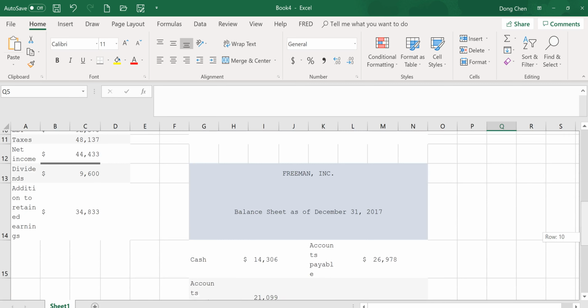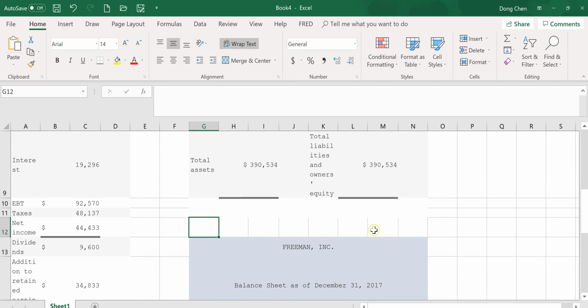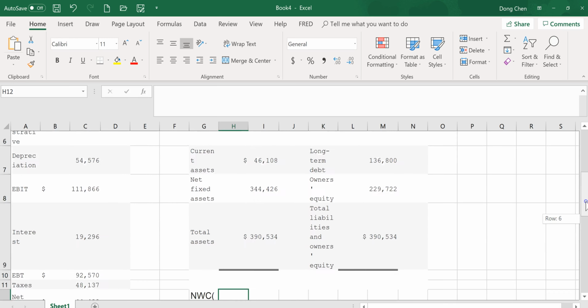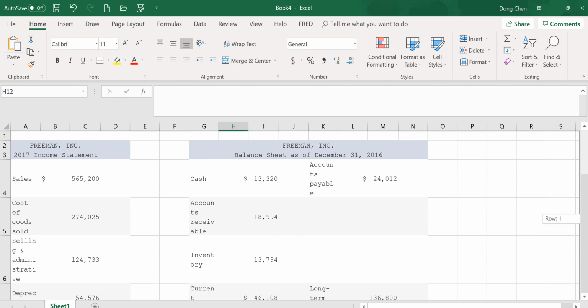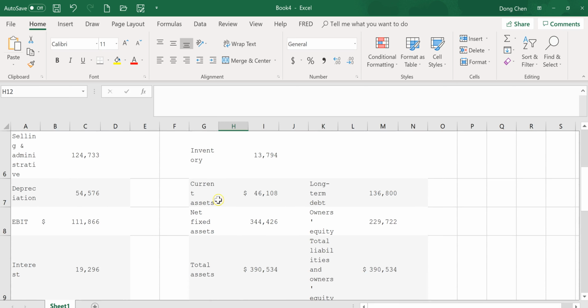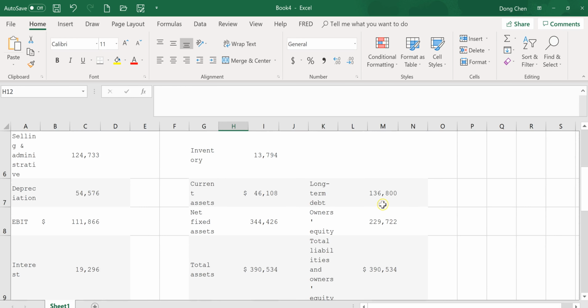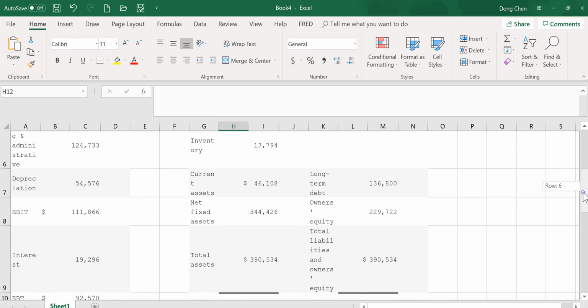So NWC, let me write down the level here. NWC for 2016. The definition of NWC is that it's the difference between the current assets and current liabilities, right? So current assets for 2016 is here, and current liabilities is just accounts payable here. There's no other current liabilities for this firm.